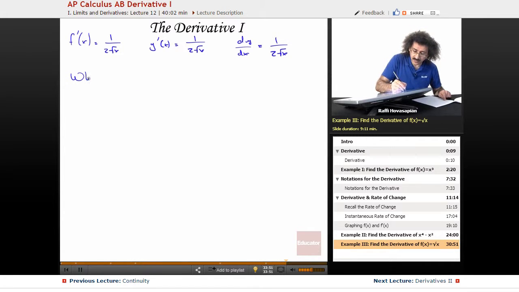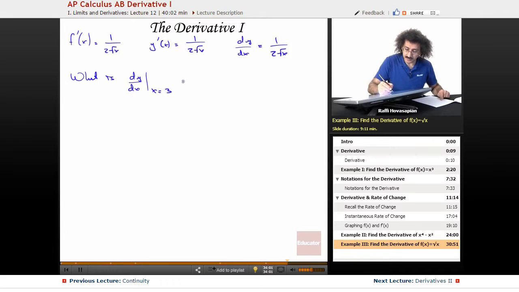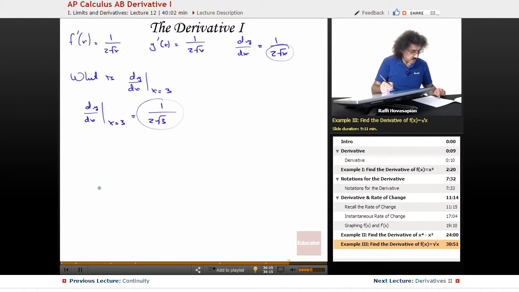Okay, so now I'm going to ask the question, what is dy dx at x equals 3? Well, very simple. dy dx at x equals 3 is equal to, just plug in 3, 1 over 2 rad 3.